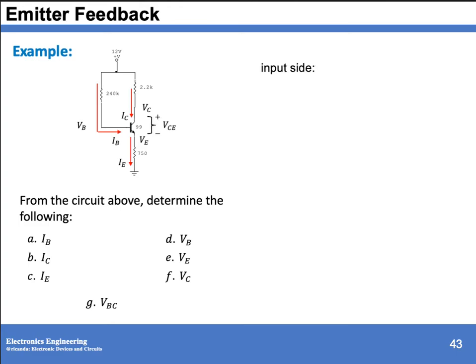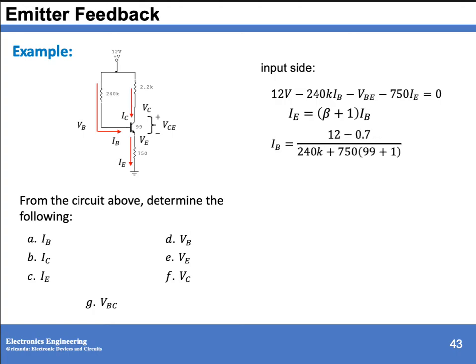So at the input side, we have this equation, 12 minus 240k IB minus voltage base-emitter minus 750 IE. And if we express IE in terms of IB, that is beta plus 1 IB. And our beta is equivalent to 99.